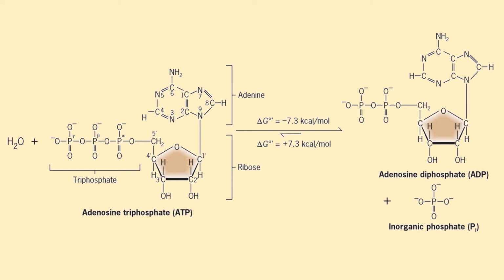Okay, so we have the triphosphates here, which are all negatively charged, which results in them storing a type of energy we call chemical potential energy, which is broken or released when the last phosphate group is cleaved away from the other two phosphates with the help of water.